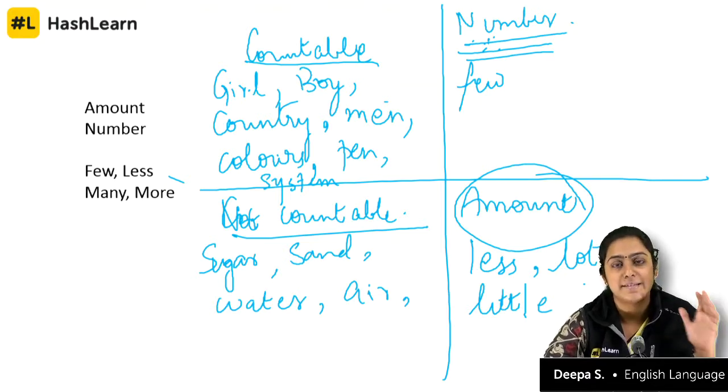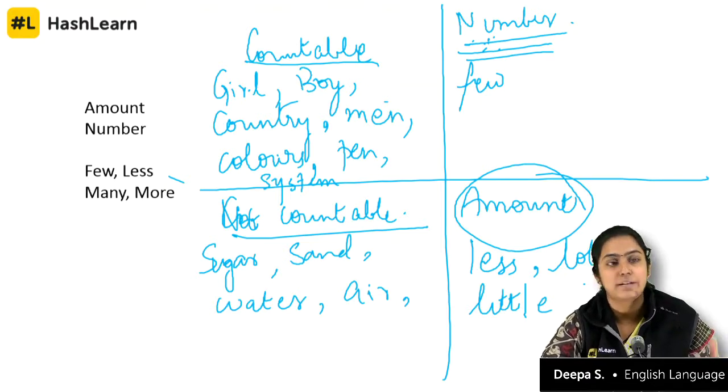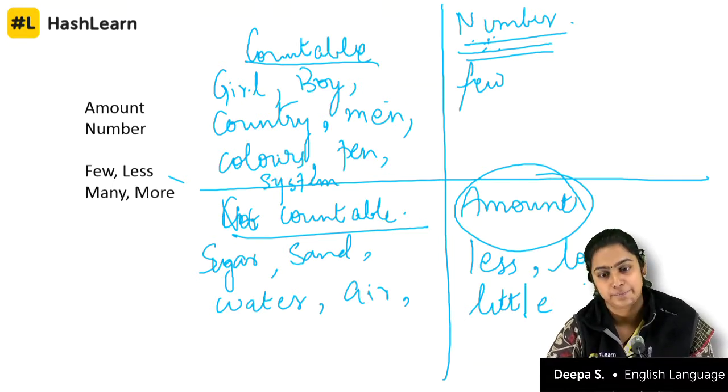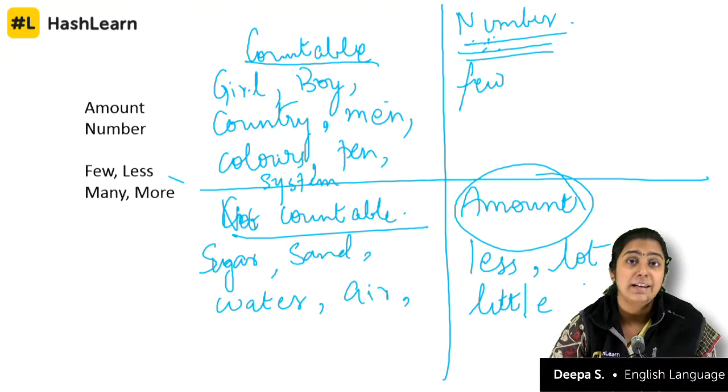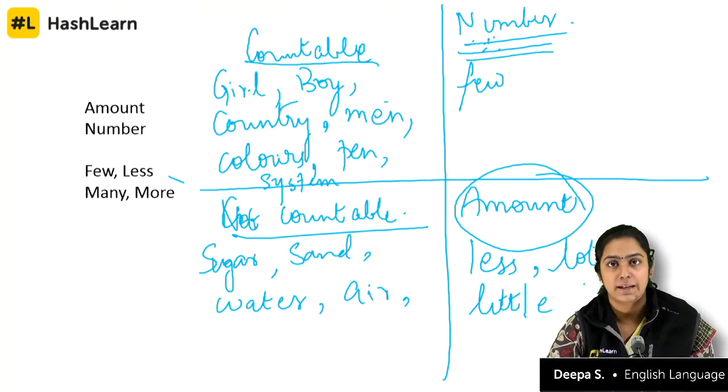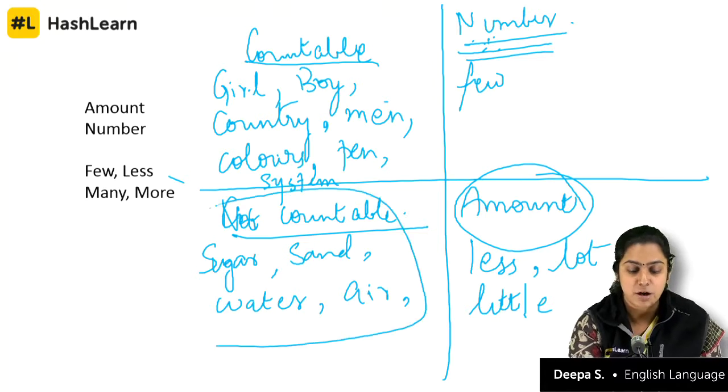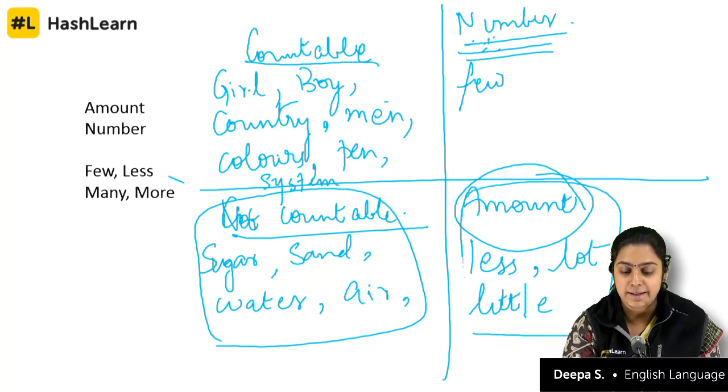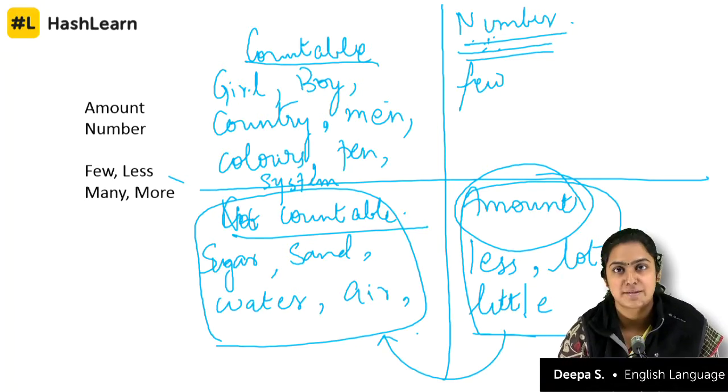Okay, there is some air caught in this water, and that is what is causing the bubbles. Okay, there is little air in this room left to breathe. Okay, so all of this is not countable, and these are the adjectives that you use when you quantify these nouns.